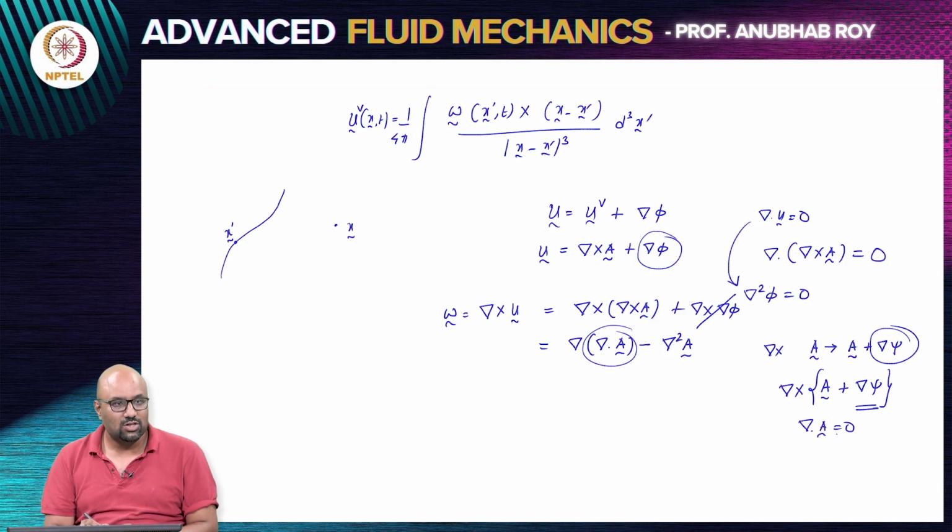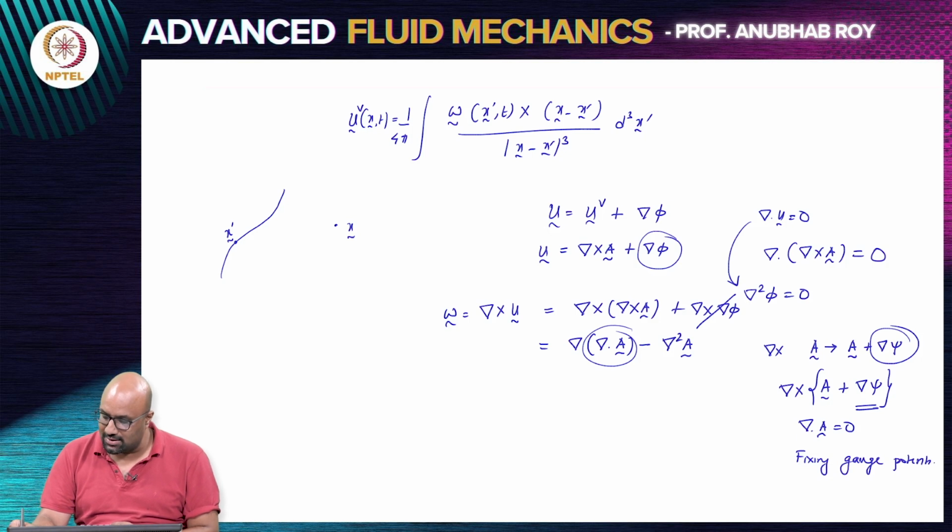So, what we will do, we will use this to actually make that vector potential to also be solenoidal. So, we will choose, this is called fixing the gauge potential. This is quite common in electromagnetism. So, this is saying that you fix a gauge potential, there is an arbitrariness regarding it. So, the gauge potential we are fixing such that this vector potential A remains divergence free.